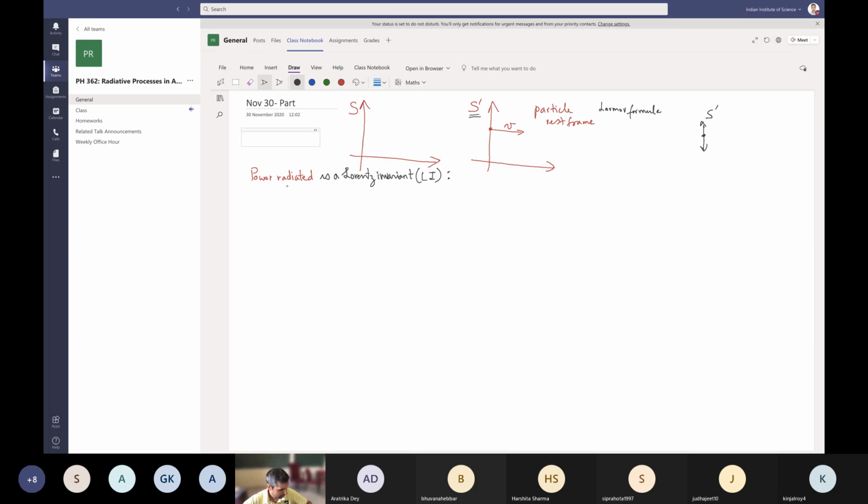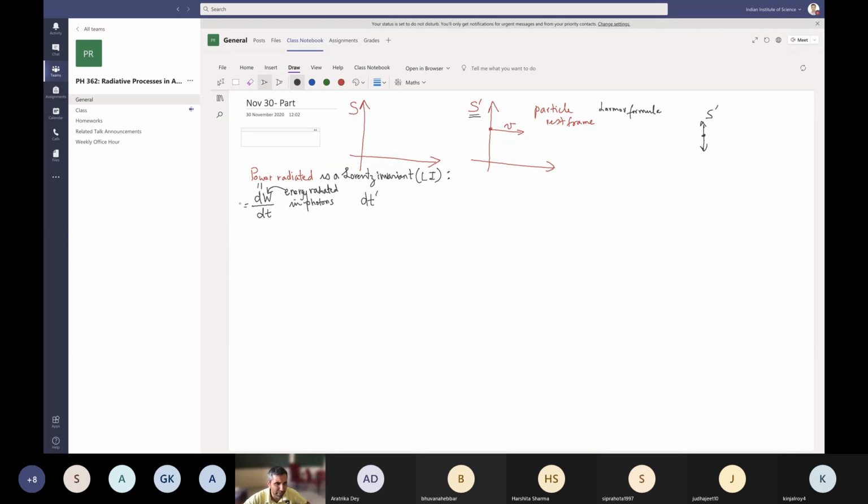So let me just write this. What is power radiated? Power radiated is dW by dt. This is energy, I'm using W for energy just to be consistent, energy radiated in photons, and this is the time, in this interval delta t.